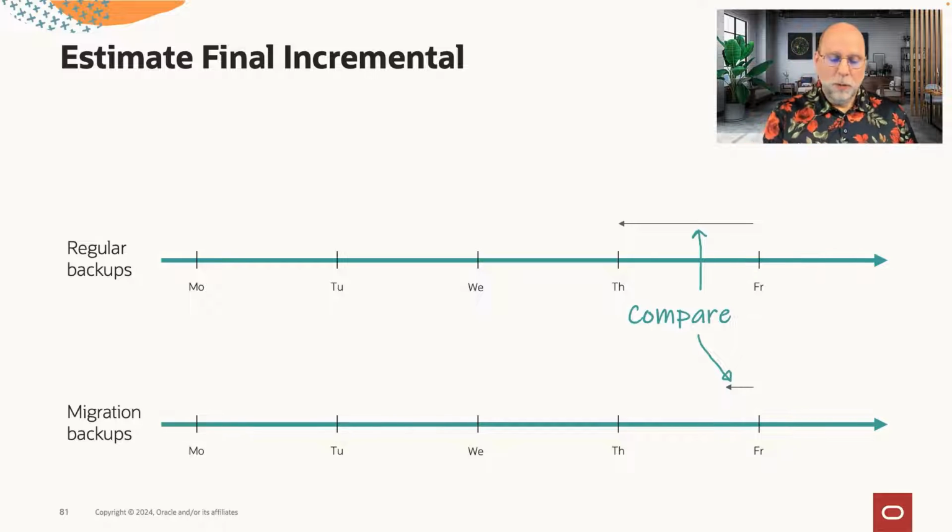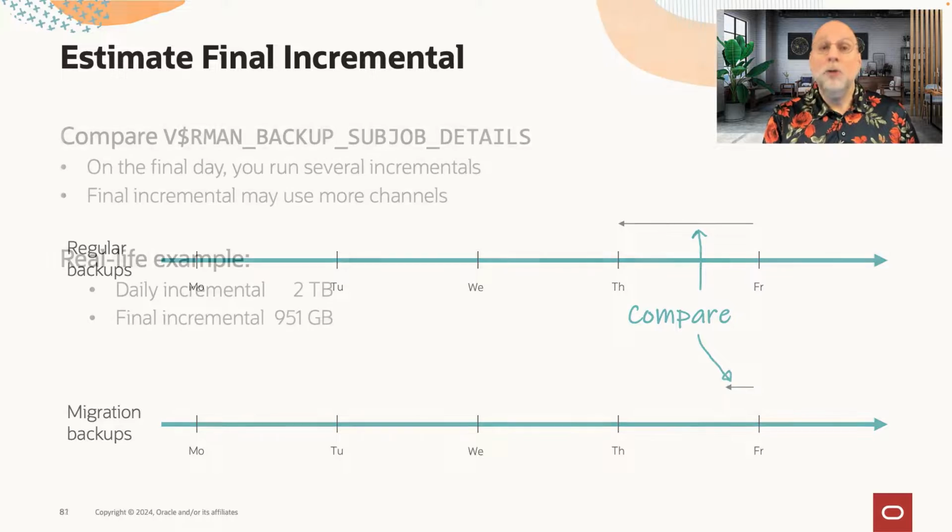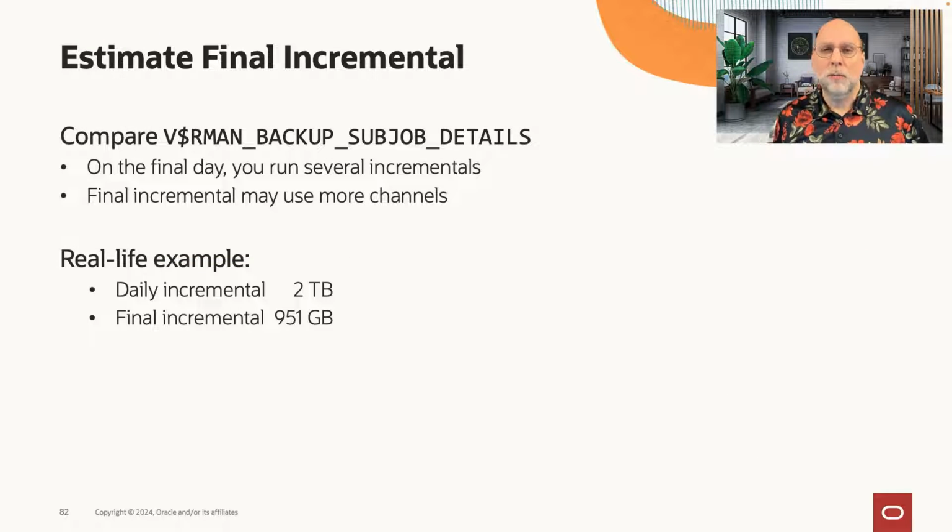So one way to do this, on the final day, you're going to run several incremental backups. Your final incremental, you might even use a lot more channels. Why? Well, because remember that final incremental backup is while the tablespaces are read-only and you have no other activity on your system. So that means you don't have to worry about using lots of parallelism impeding your application performance because your application won't be running.